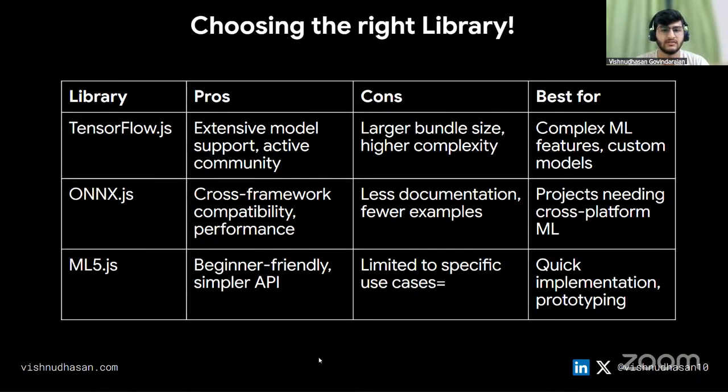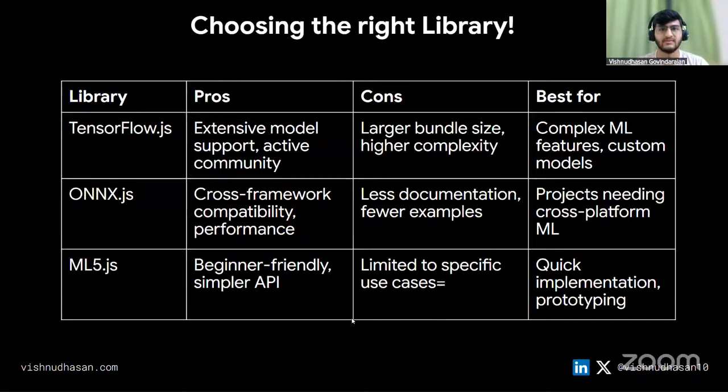And we have Onyx.js. Onyx.js is also a library which has cross-platform and cross-framework compatibility. If we're not only using TensorFlow models, if we are going for any PyTorch or even our own models, we can integrate all the models in the platform, and we can do a lot of things with that.